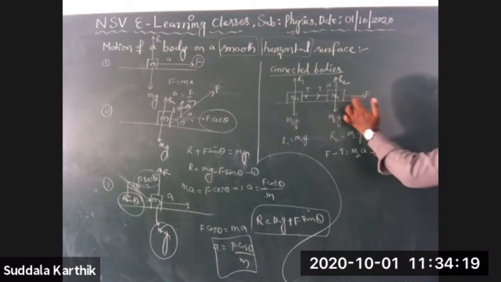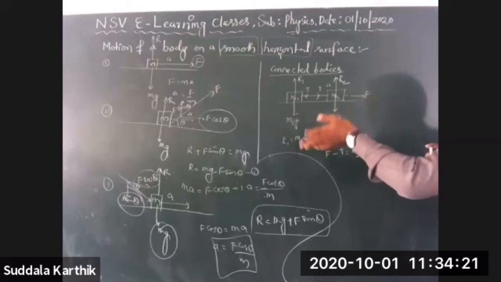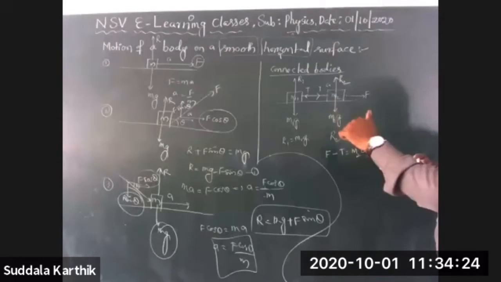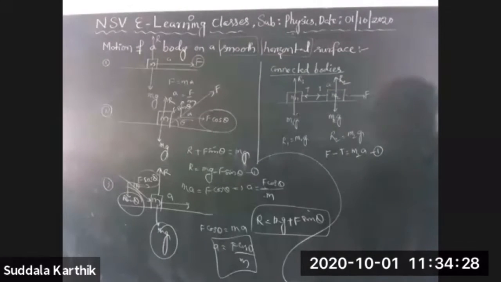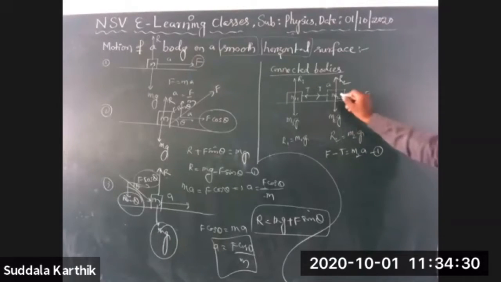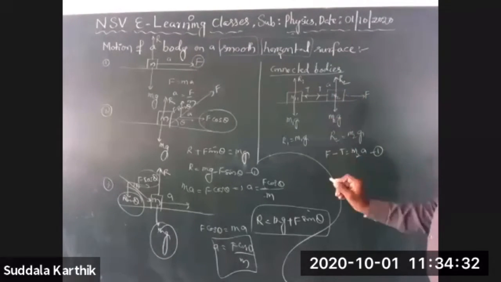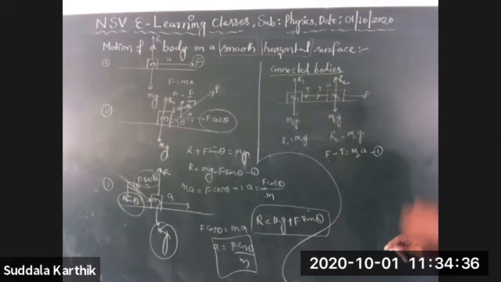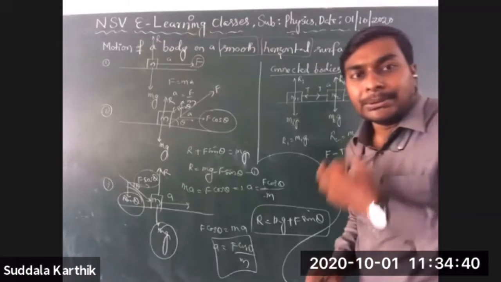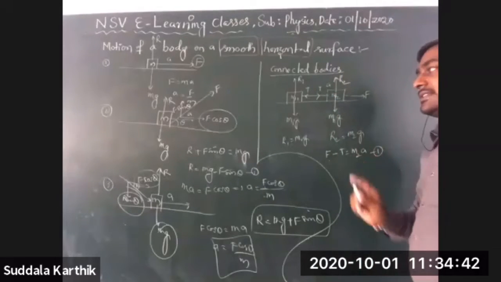Whenever there is a resultant force, only then does it get motion. Otherwise, it won't get motion. So that's why F minus T is equal to m2 into a. Let this be equation number 1.